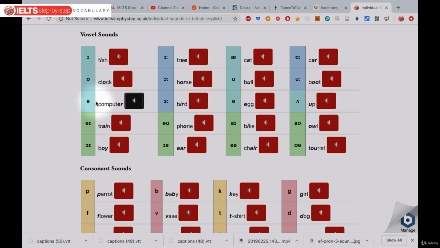It's not "was", it's "was". It's not "to", it's "to". Okay, and they all reduce down to this little symbol here, and for that reason in spoken English this is by far the most common sound in the English language. So let's practice one more time.